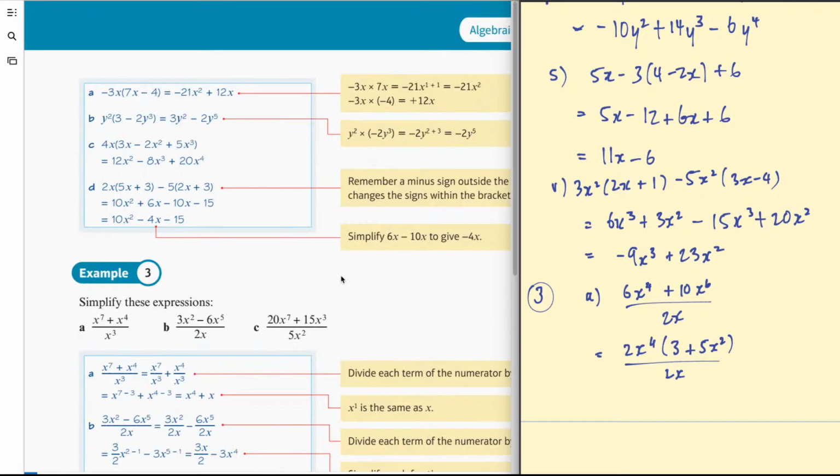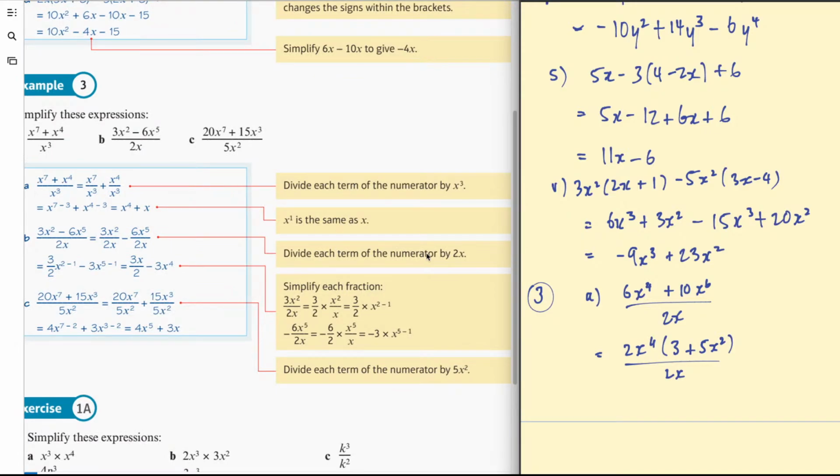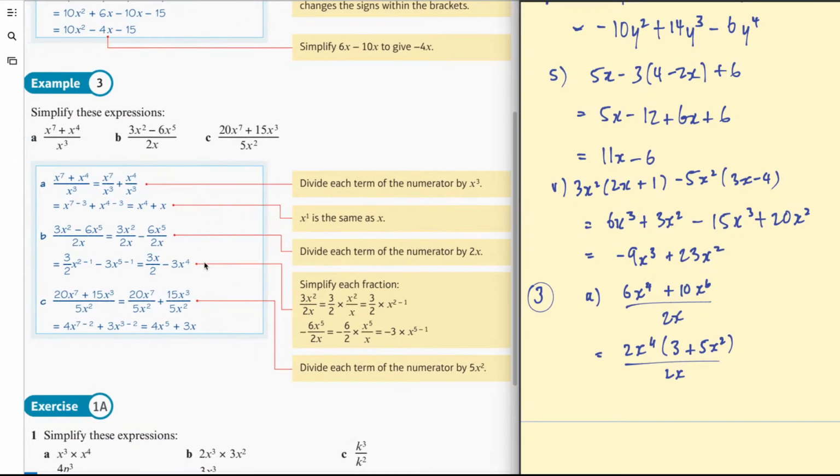So let me just check. Do they call it cancelling? Oh, they just call it dividing. That's weird, they split it up like that. Okay, so this is possibly an easier method than I was doing.